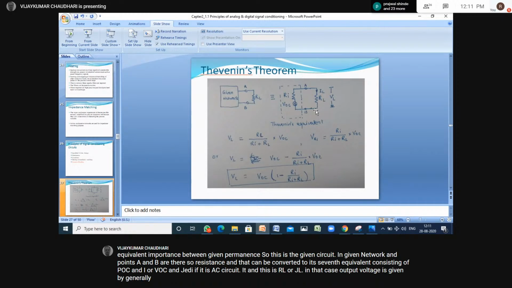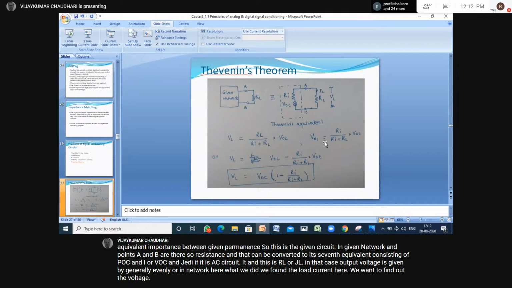The voltage across the internal resistance is given by RI upon RI plus RL into VOC. So VL is RL upon RI plus RL into VOC. VL can be calculated from the no-load voltage VOC.